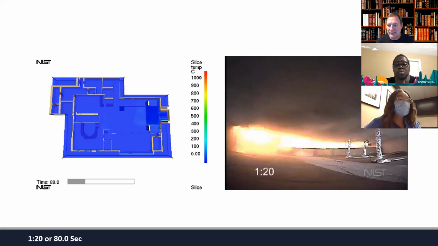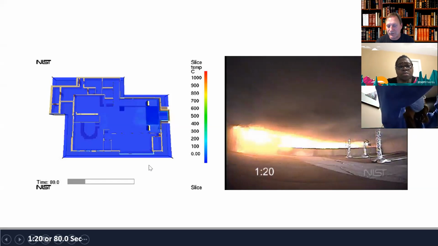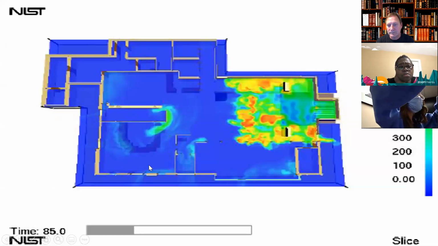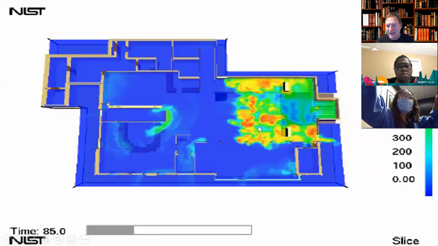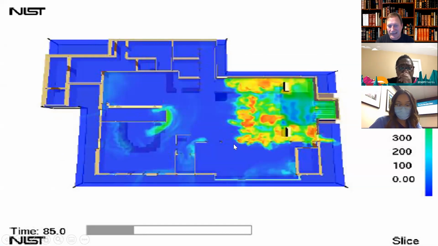Let's also look at the temperature as flashover occurs. At 85 seconds, flashover begins to occur. If we look at our temperature, this is in Celsius. So this is about 1500 degrees Fahrenheit. Obviously, this is not sustainable for life as we know it.